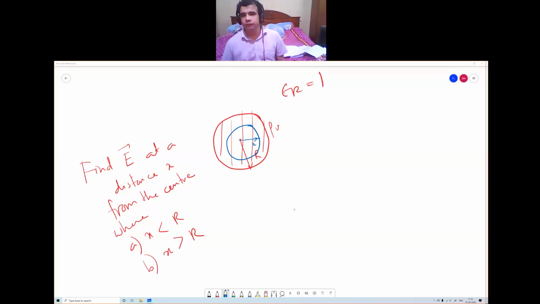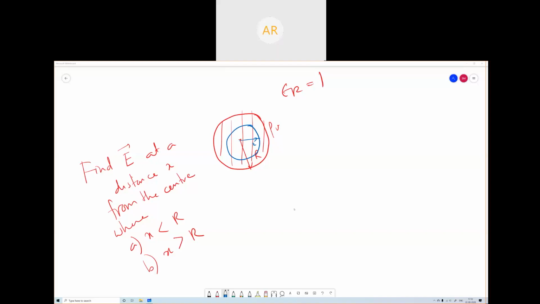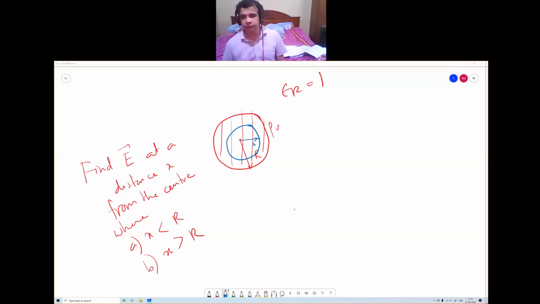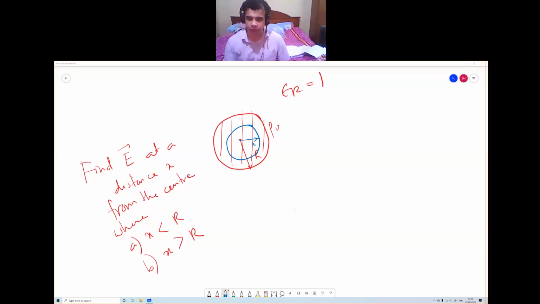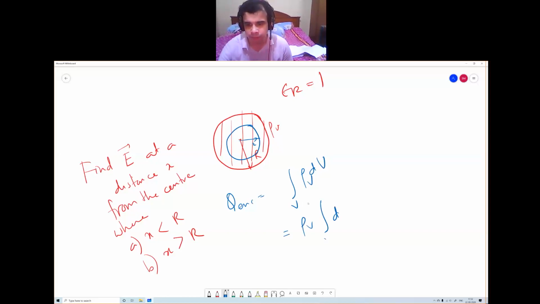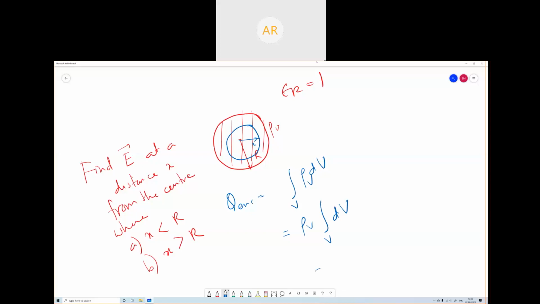The integration of rho v with dv. So Q enclosed is the integral of rho v dv. Now rho v is constant, so we can take rho v out.